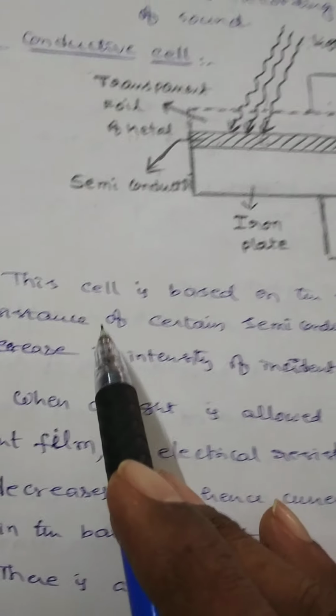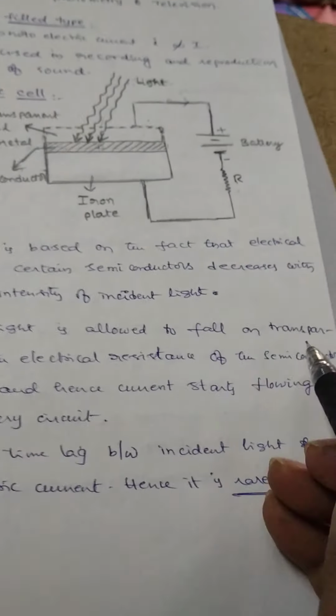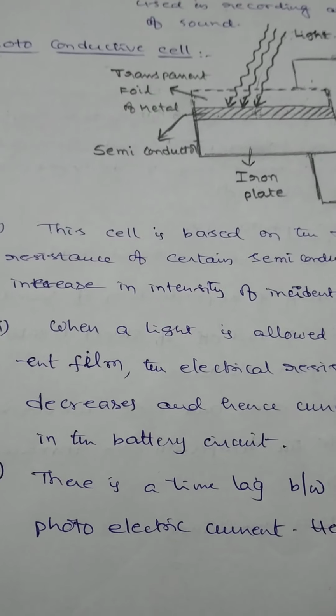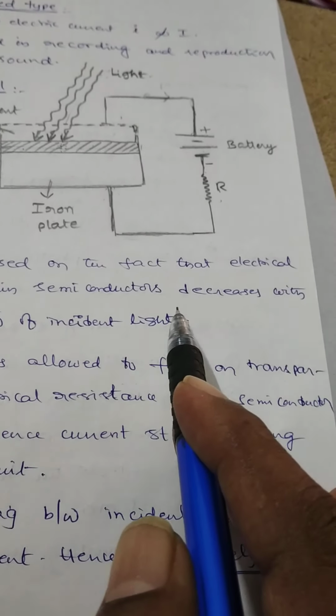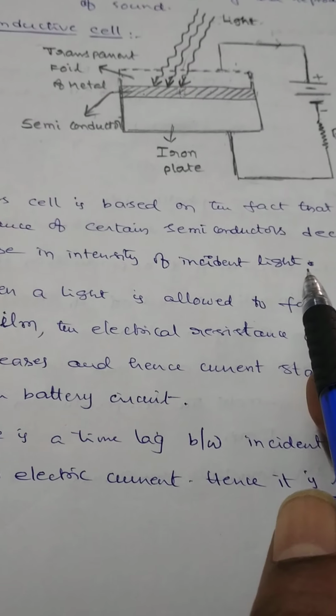Right. So the cell is based on the fact that electrical resistance of certain semiconductors decreases with increase in intensity of light.